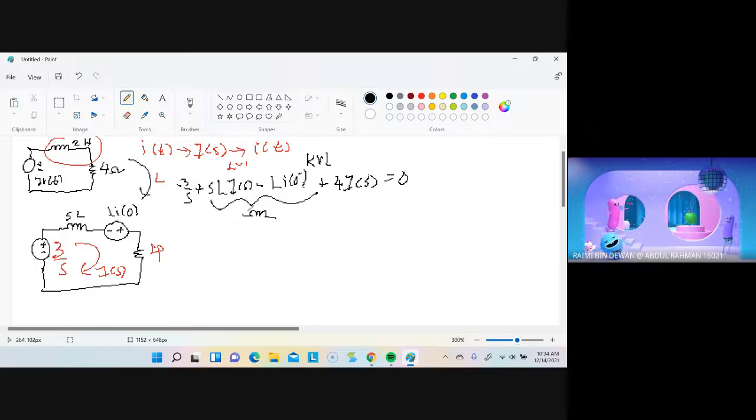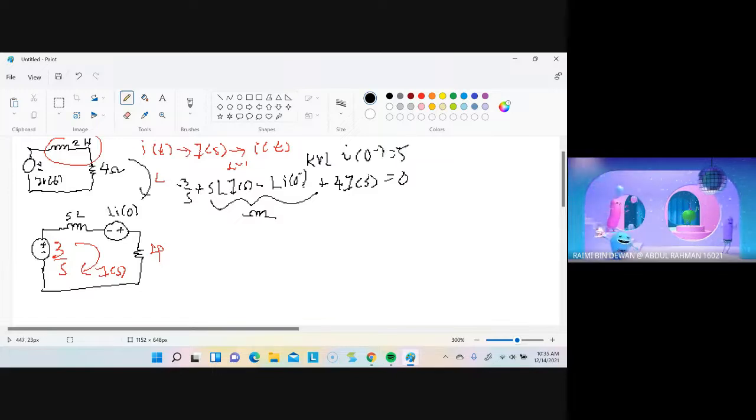Okay, and then Li, what is the question just now? Okay, so it gives us the value of the I naught. It gives us the value of the small I, which at initial value is equal to 5.